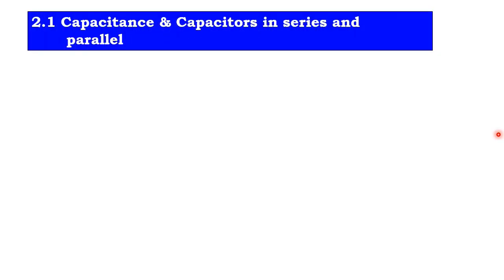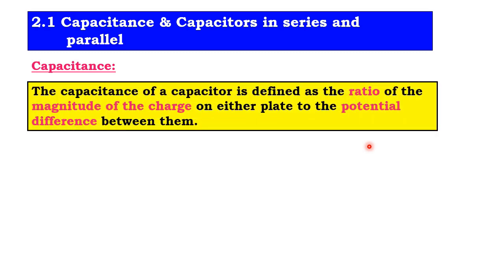Now let us learn about capacitance. Capacitance is the amount of charge that a capacitor can store per unit of voltage across its plates, or we can say the ratio of the magnitude of the charge on either plate to the potential difference between them.